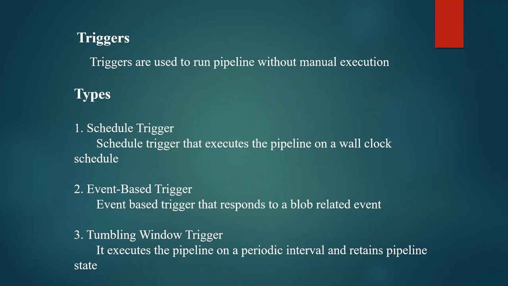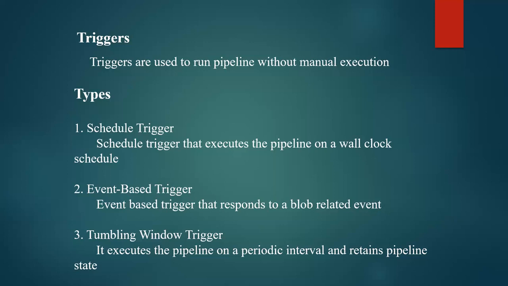In case you have a requirement to run the pipeline every day at 1 a.m. at midnight, you are not supposed to wake up at that time to run the pipeline. If you set a trigger by setting a time, every day at 1 a.m., it will run automatically based on that time. Okay. So in such a way, there is no manual execution required. If you set a trigger, it will run automatically.